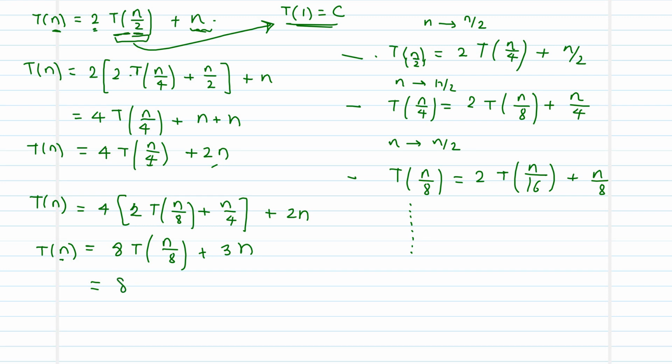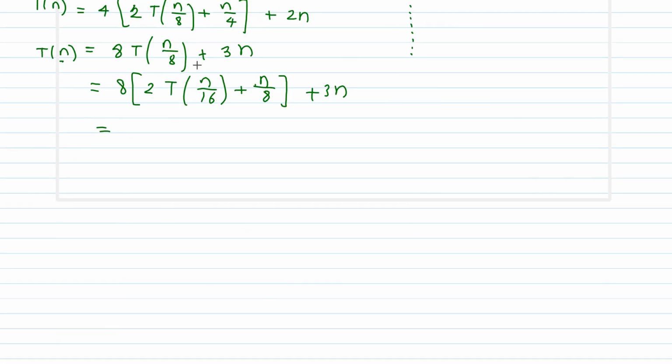In the same way, now 8 into bracket 2 times T of n upon 16 plus n upon 8, plus 3n, which is equal to 8 into 2 is 16 T of n upon 16 plus n plus 3n, which is equal to 16 T of n upon 16 plus 4n.